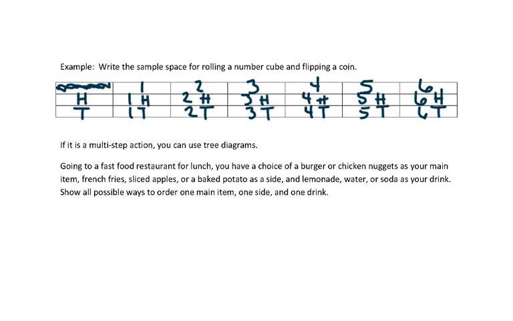So that's a very organized approach to writing out the sample space. I want to point out that the sample space is made up of all of these possible results.